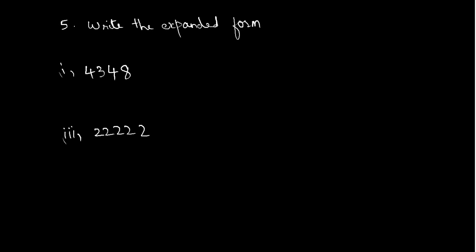Write in the expanded form. To get the expanded form, always remember you need to write the places for each digit first. So this is units, tens, hundreds, thousands. Now it becomes very simple to write. So it is 4 into 1000 plus 3 into 100 plus 4 into 10 plus 8 into 1.